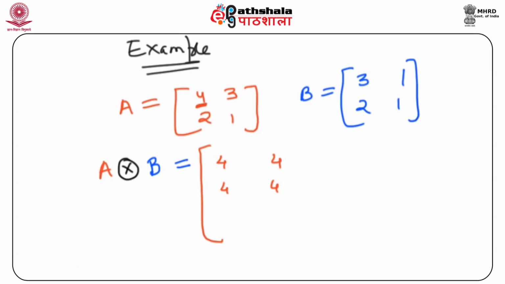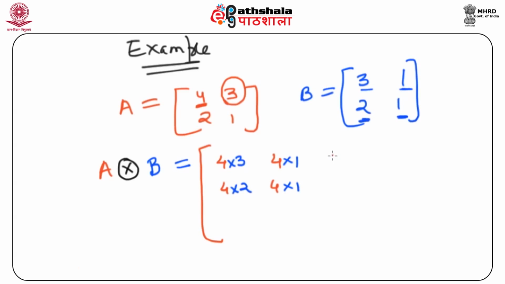And we take all the elements of B and write them in respective places, that is, 4 into 3, 4 into 1, then 2 will come here and this one will come here.